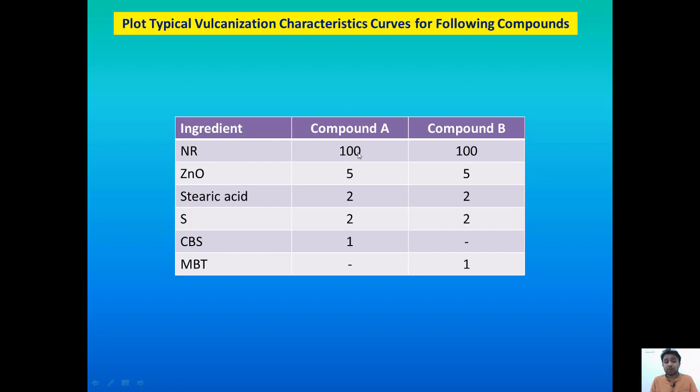Compound A doesn't contain MBT, and compound B doesn't contain CBS. All the other ingredients are the same. Now we are going to see how to plot the typical vulcanization characteristic curves for these compounds.